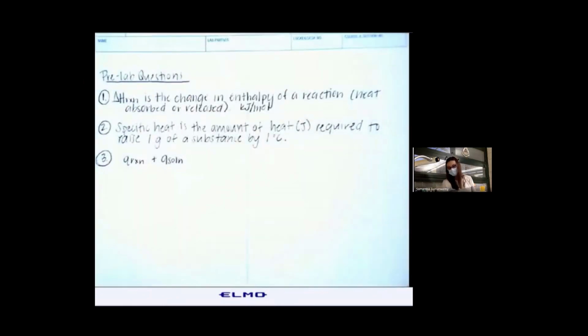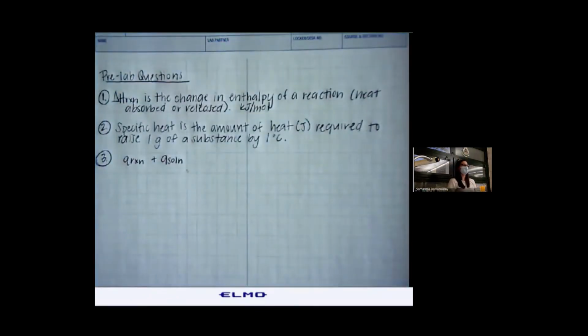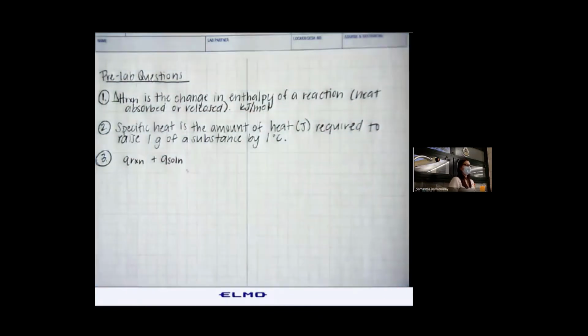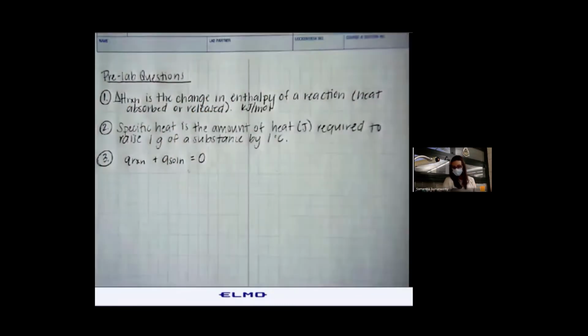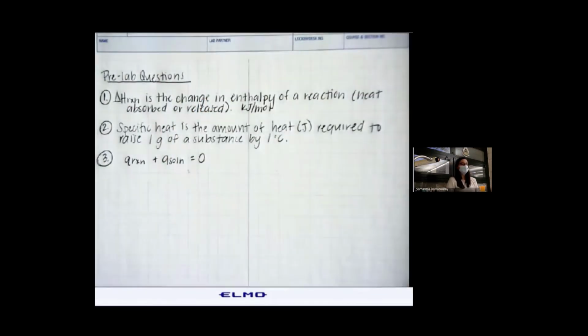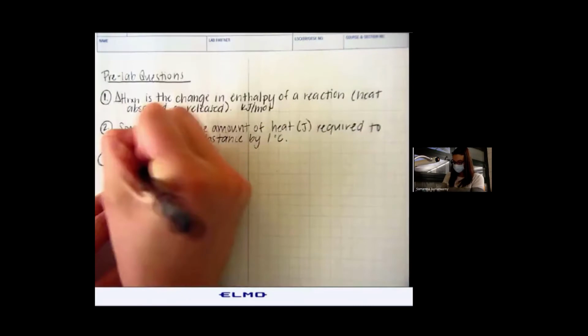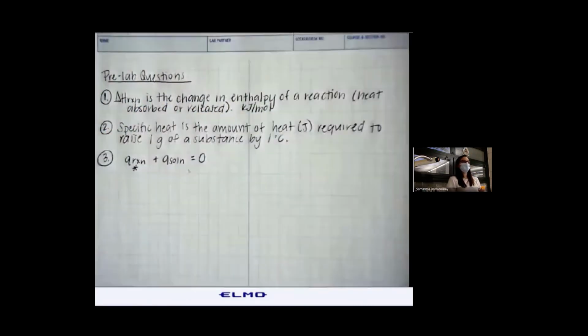In number 3, it says assume no heat loss to the calorimeter. So that means we don't have to worry about Q cal. So Q reaction plus Q solution equals 0. It wants us to actually just calculate Q. So it says heat of reaction, but it says Q. So I'm going to solve for Q reaction. I don't have to worry about switching it to delta H. We're just solving for Q.